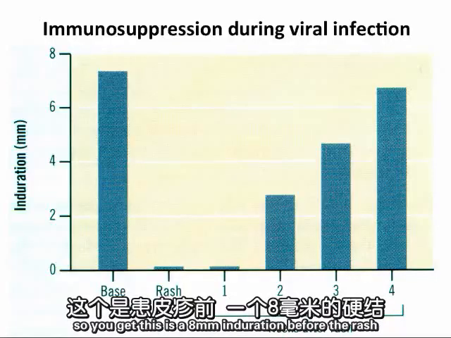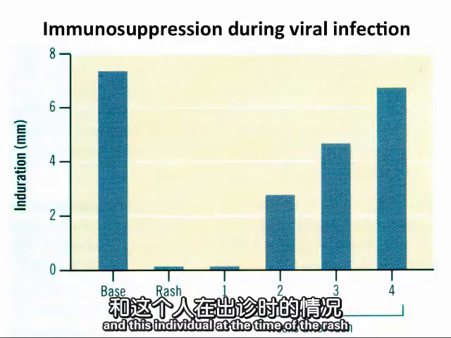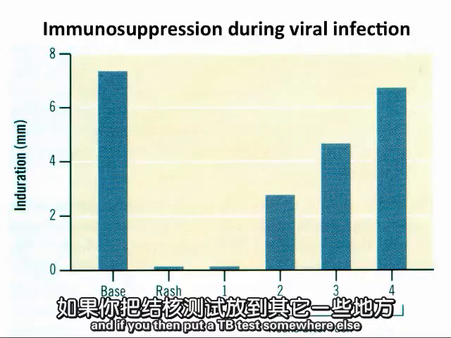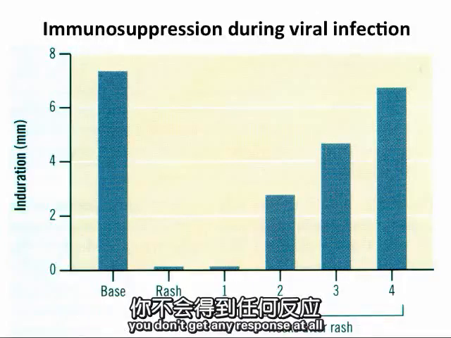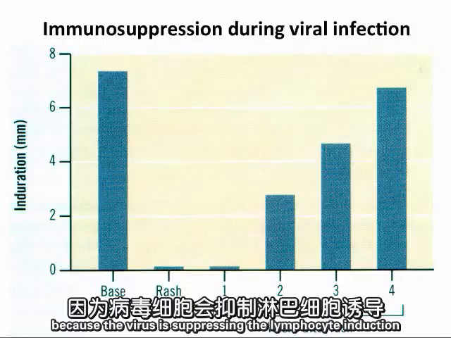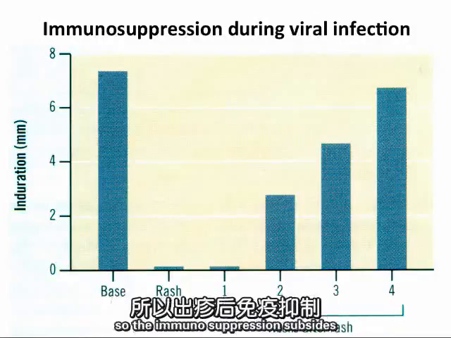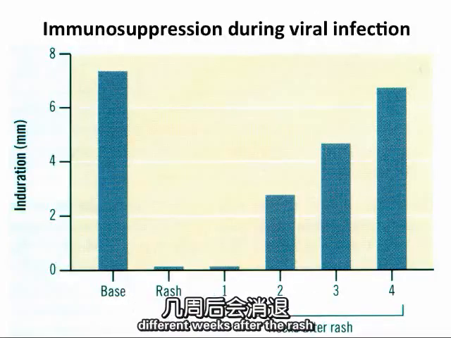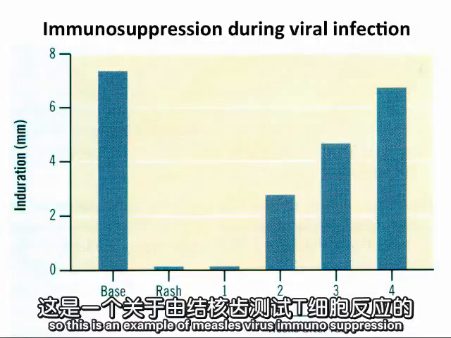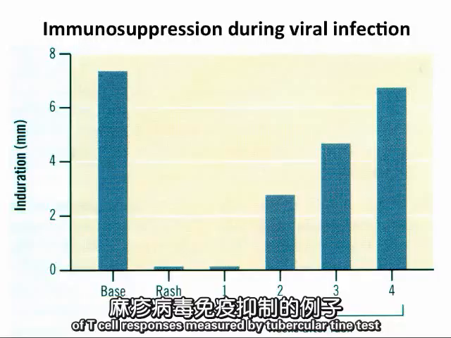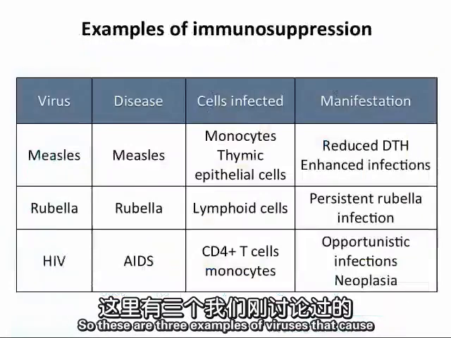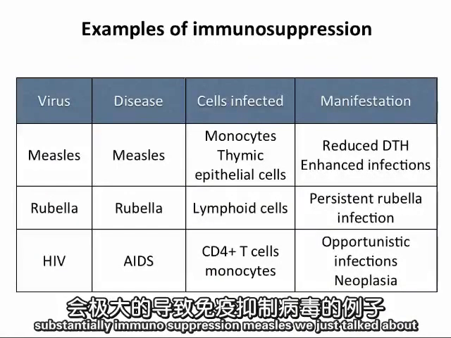So you get an 8 millimeter induration before the rash, and this individual, at the time of the rash, if you then put a TB test somewhere else, you don't get any response at all because the virus is suppressing the lymphocyte induction. And you see that eventually goes away. So the immunosuppression subsides different weeks after the rash. So this is an example of measles virus immunosuppression of a T cell response as measured by the tuberculin test. So these are 3 examples of viruses that cause substantial immunosuppression.